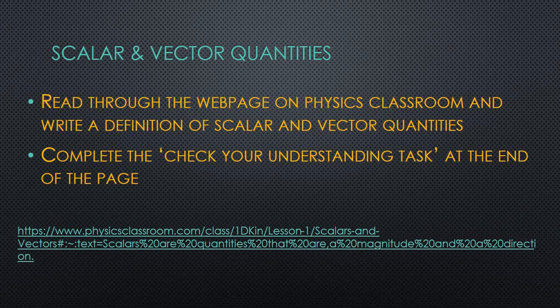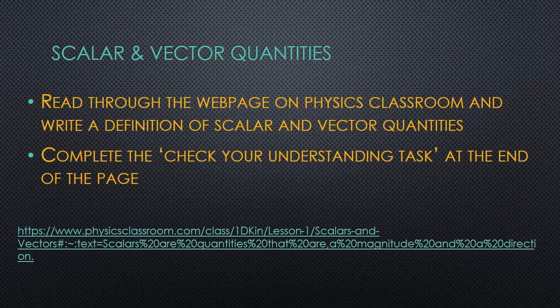So really, the idea for this week is some work for you to research and to do some reading, and then do some definitions and things like that. The Physics Classroom webpage, which is provided there for you, has some information on something called scalar and vector quantities, which are essentially the different types of measurements that we can use, and how they differ.